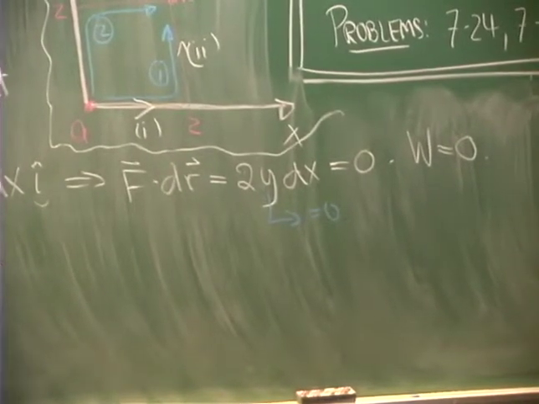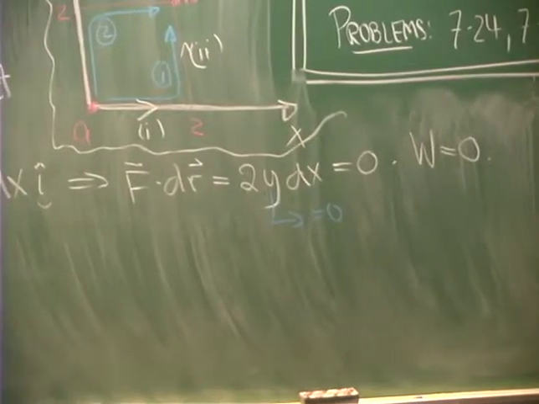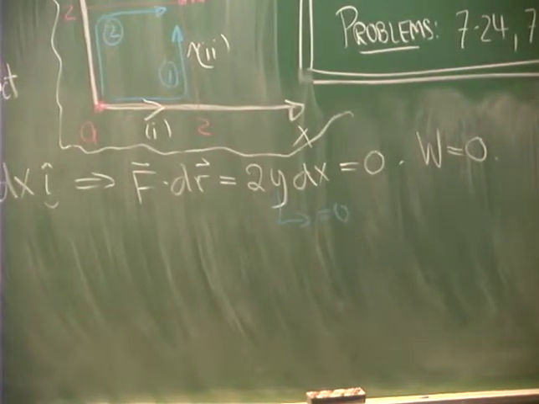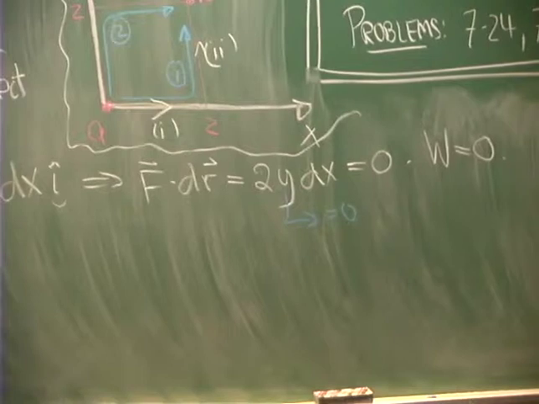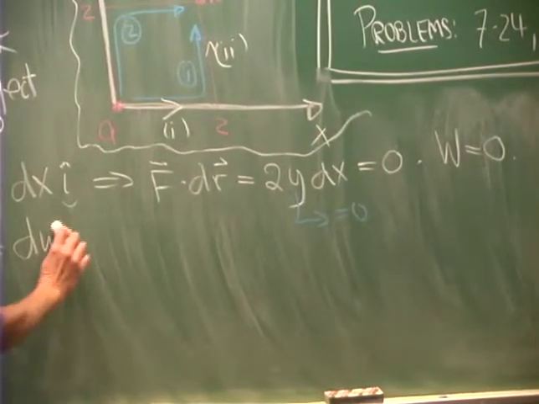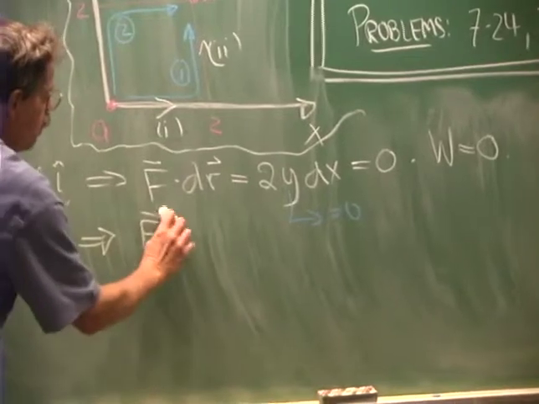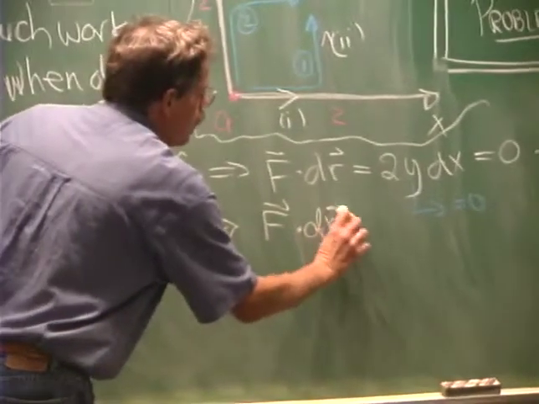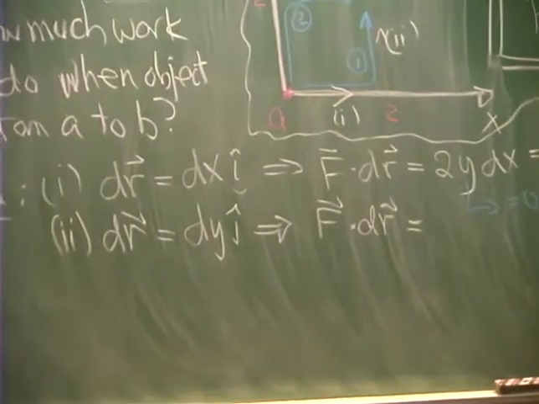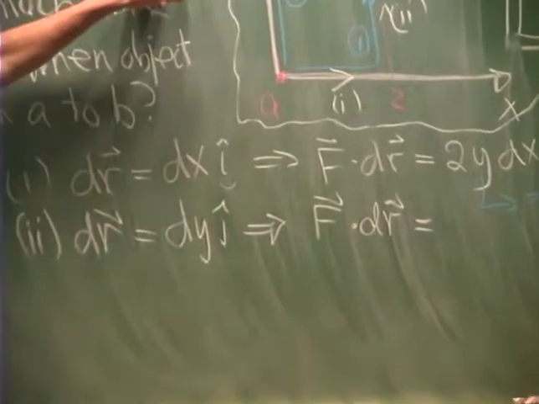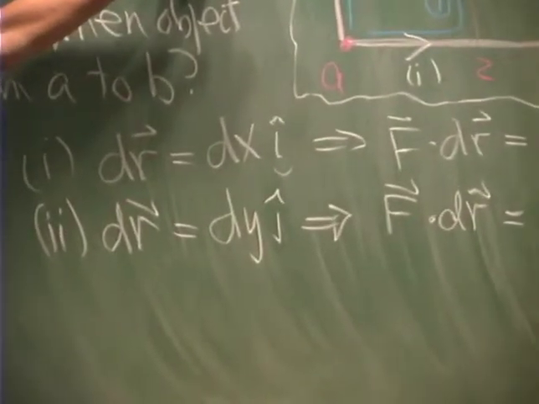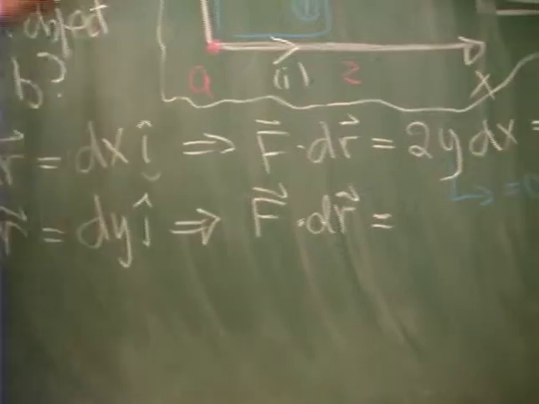dr, in this case, the displacement is purely in the y direction, right? I'm going up here now, so it would be dy in the y direction, and that tells me that F dot dr would pick out the y component of the force. This time it's the y component times the y component.